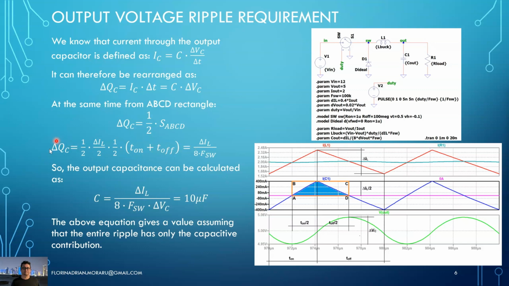So in the end, this charge variation in the capacitor is given by the inductor current ripple over 8 times switching frequency. So now by using the identity above, we can directly extract the value needed for the capacitance. Again, this is for the ideal case, so we have only the capacitance contribution.